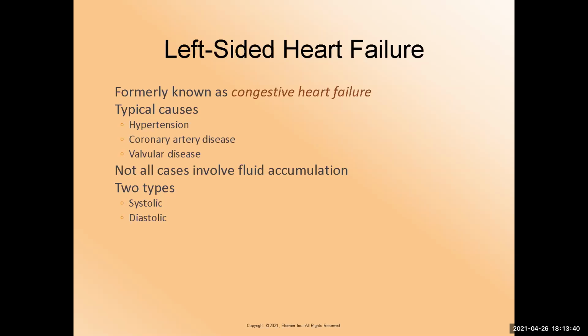I've seen it in some places as less than 30% or less than 40%, which makes a difference in these patients. Someone with an ejection fraction of less than 30% would be a candidate to get an implantable defibrillator, excuse me.